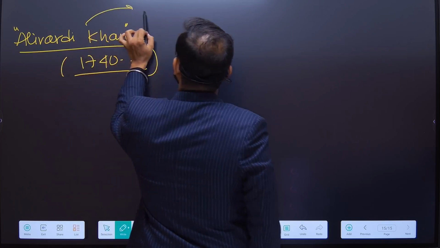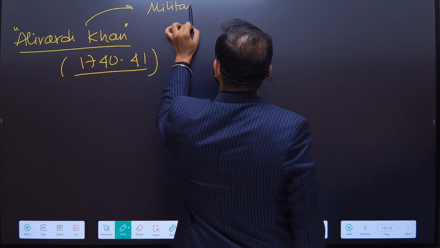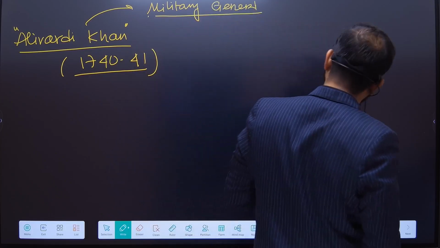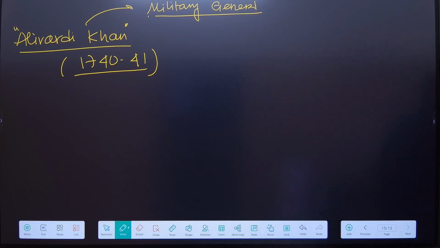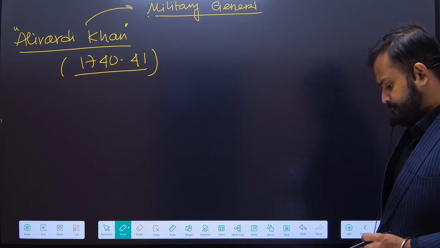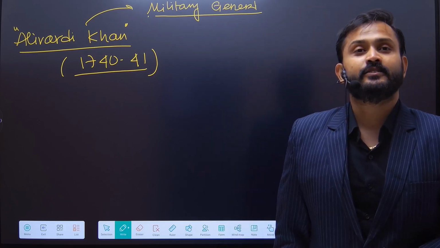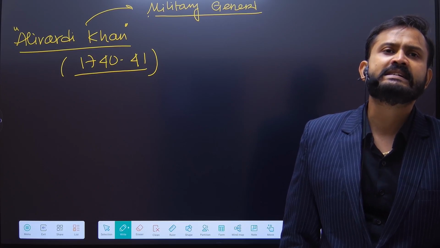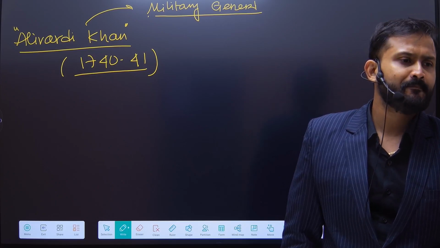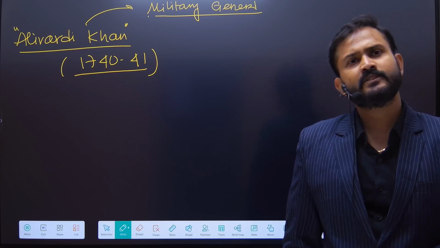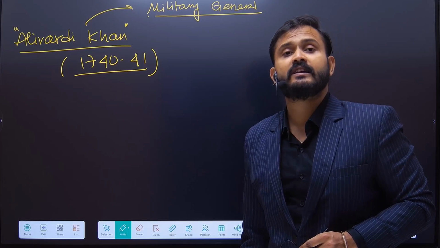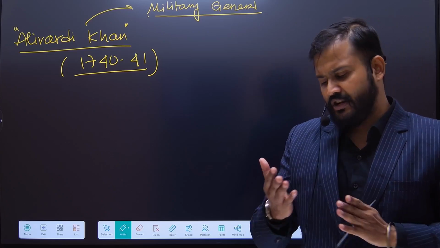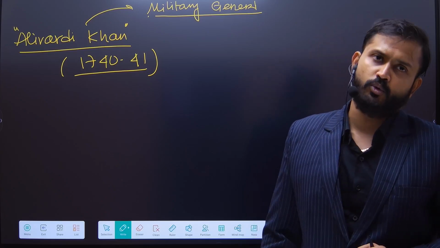He was basically a military general in the Bengal court who toppled the government, usurped the throne and became a sultan. From the period of Ali Vardi Khan, you can understand, Bengal started acting as an independent state. That means gradually they will start severing the ties with the Mughals.